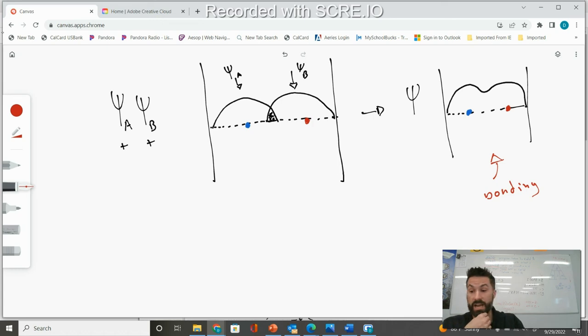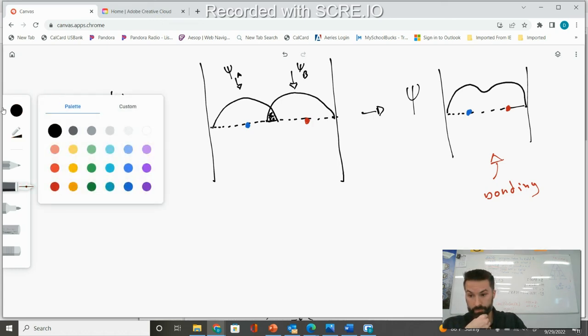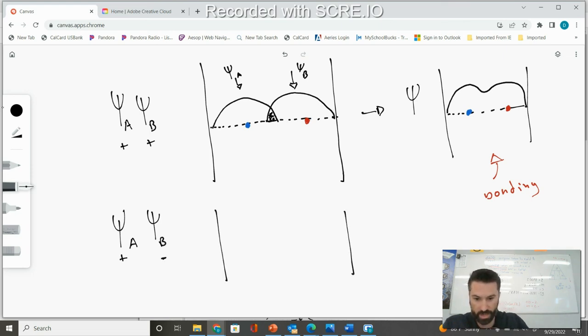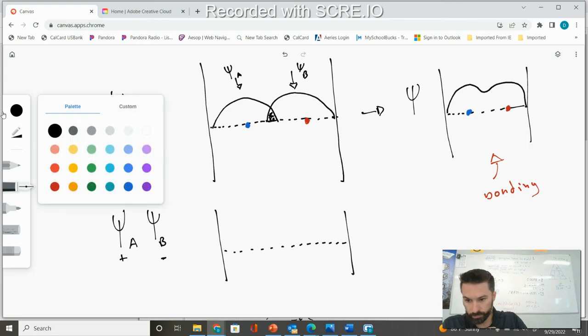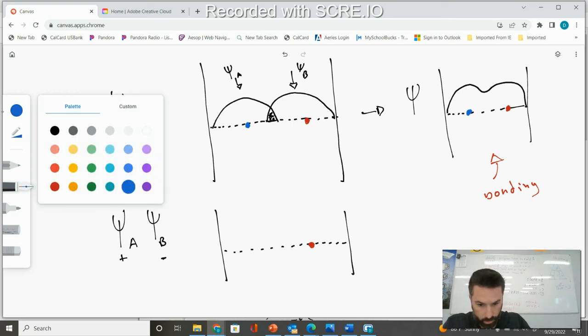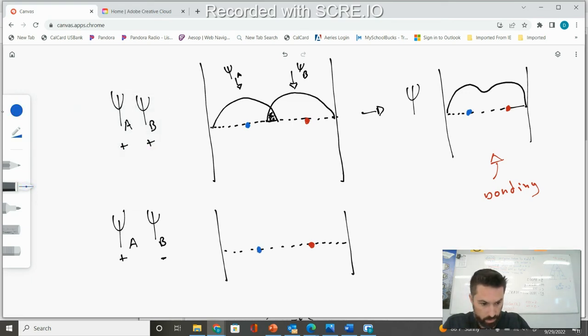Now, the other way I could combine psi A and psi B is by doing a positive and a negative. So we got psi A, let's have that be positive, and psi B, let's have that be negative. Okay, so we're going to draw that exact same thing. Our red nuclei is over here. Our blue nuclei is over here.